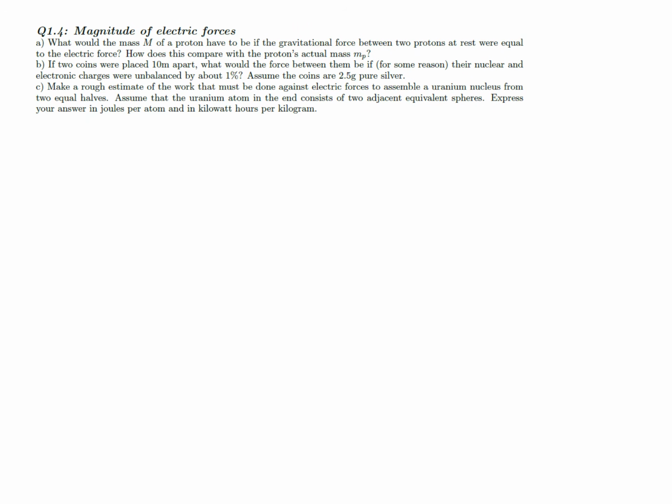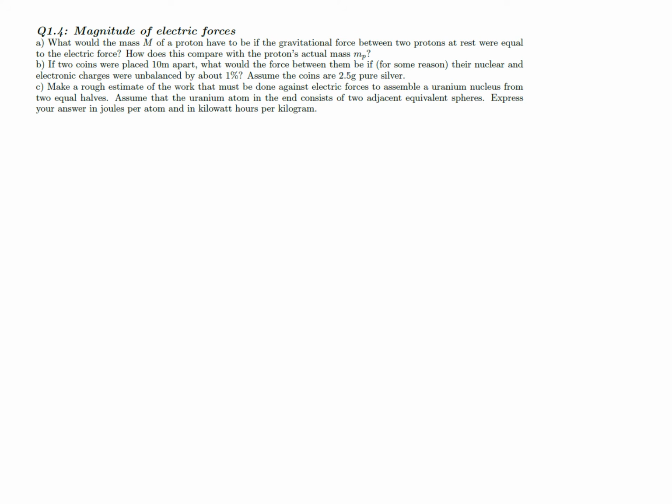Okay, so on to the last question of this assignment. This is a bit of fun. It's on the magnitude of the electric forces, and it's making a comparison between the inverse square law for electrostatics and the inverse square law for gravitation. Of course, we know that there are some differences.